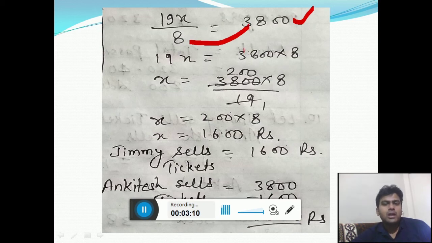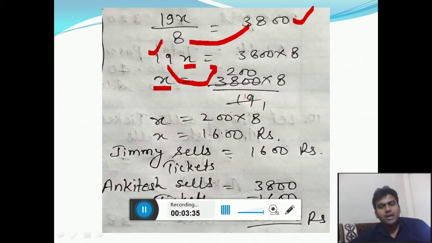So 3800 into 8. Now on this side only 19x is left. Now what value do we have to find? Value of x. So leave the x on this side and transfer the 19 to the right side. So when we transfer it, it will change from multiply to divide. So now 19 here is in multiplication, on that side it will be in division.